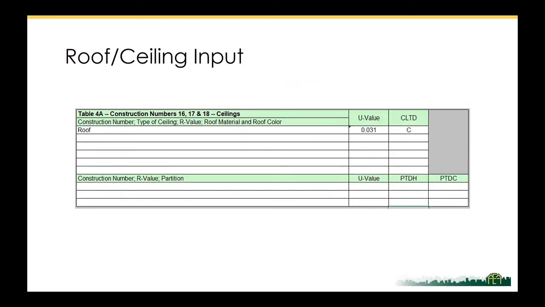And then you have your roof / ceiling input, which our roof was R30. If you take the inverse of 0.031, it's actually R32. I'm not quite sure why Energy Pro 7 does this. I believe they increase the R value maybe because you get some air barrier, because typically you have a vented attic.